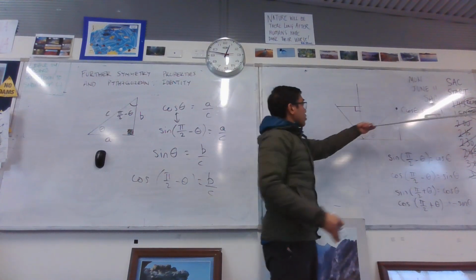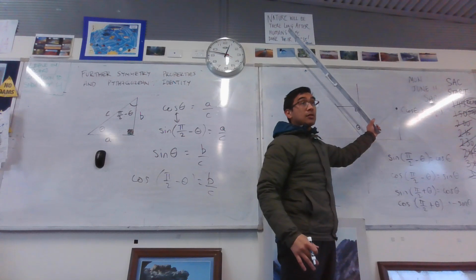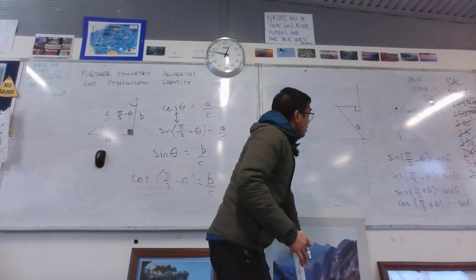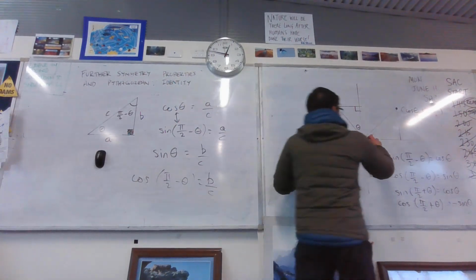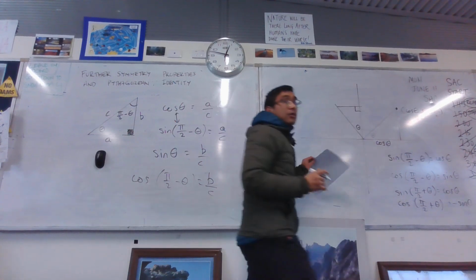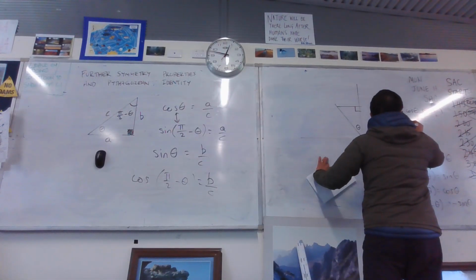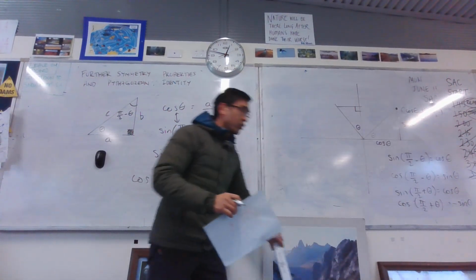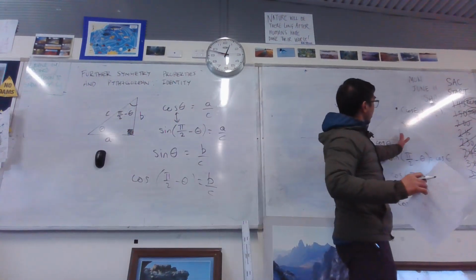So this triangle here, we're just pushing it onto the y-axis. Are we okay? Okay. So therefore, this length here is our cosine theta. This is our sine theta. Are we good with that? That's our length of x, and our length of y.